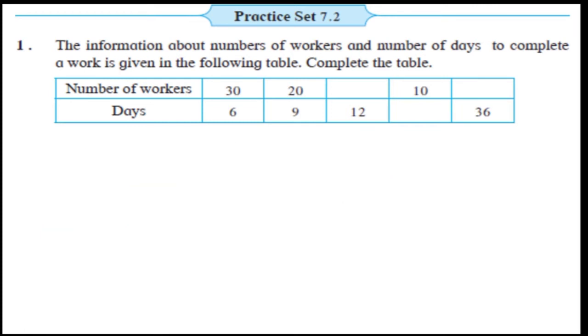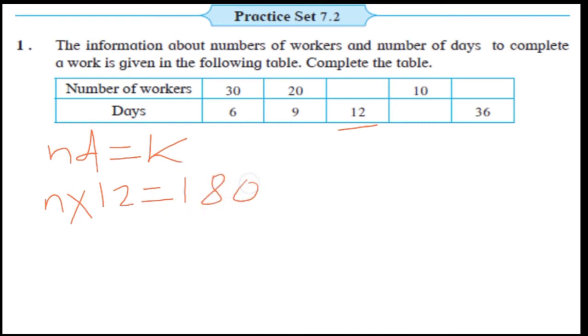Therefore, in this example, D is 12. Equation of variation is ND is equal to K. N into D is 12 is equal to 180. Means N is equal to 180 upon 12. 12 1 is 12. Remaining 6. 12 5 is 60.